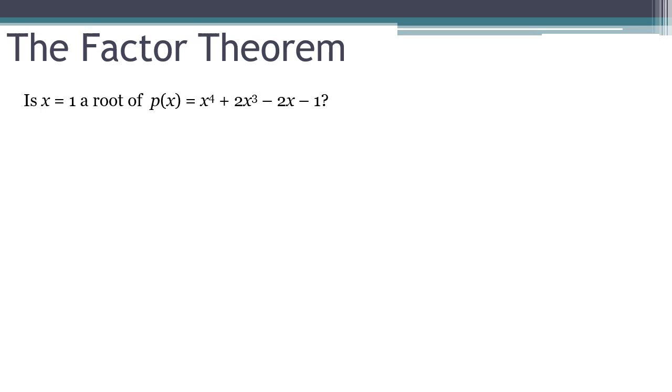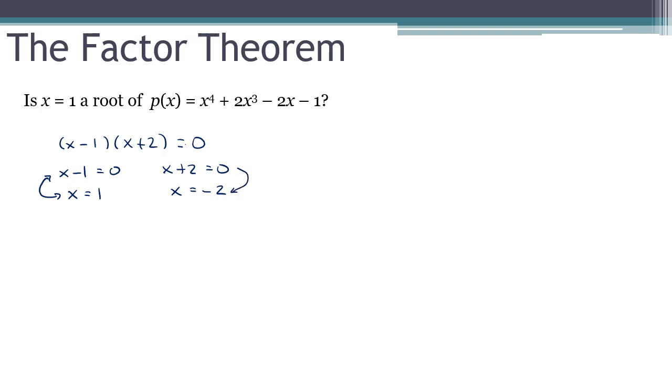So if I have a polynomial like x minus 1 times x plus 2 equals 0, to find the roots, I set the factors equal to 0 and solve these equations. x equals 1 and x equals negative 2. So notice the relationships here. If x equals 1 is a root, then x minus 1 is a factor. And if x equals negative 2 is a root, then x plus 2 is a factor.